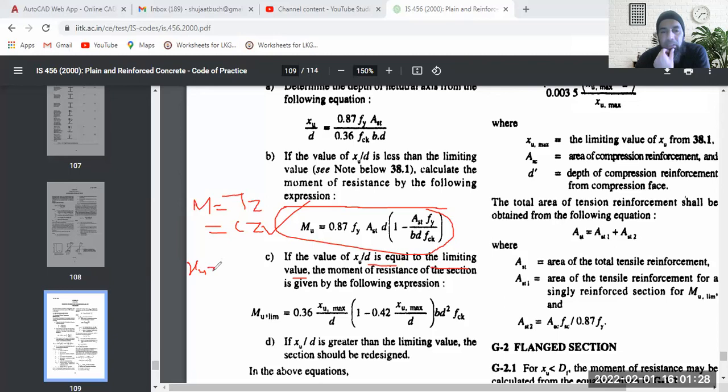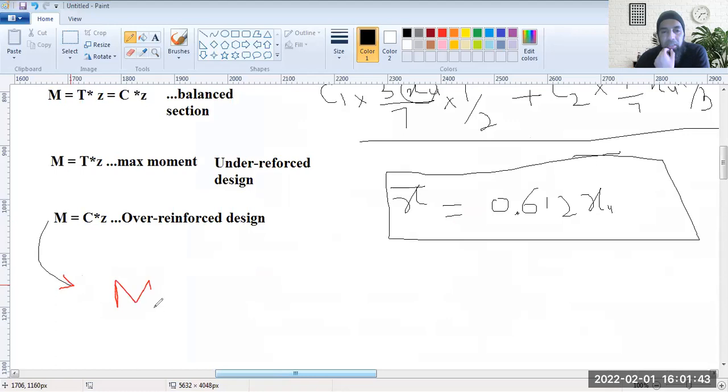If XU is equal to XU max, that's for balanced section के लिए जितना बराबर आता है. Then we will be using this expression. कौन सा expression? C into Z. What would be C into Z for over reinforced design? It would be M. What is C? 0.362 FCK into B into XU. तो ये वाला portion cover हो गया. This one.